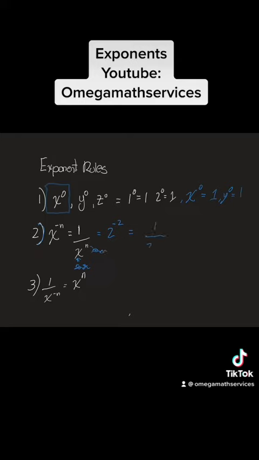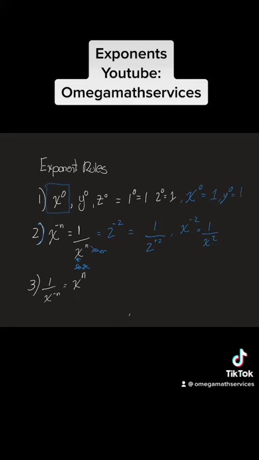We look for our base, which is 2, and we turn our power into a positive, so plus 2. And it doesn't matter, you can even have a variable, so x to the minus 2 is the same as 1 over x squared. You can put whatever number or whatever variable you want, as long as it's to a negative exponent, it will always be over a fraction.